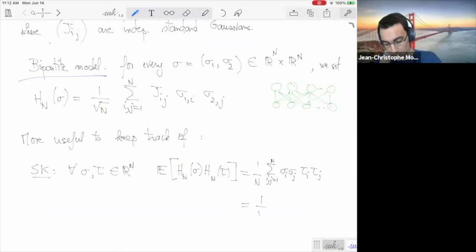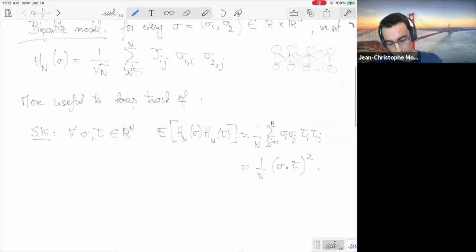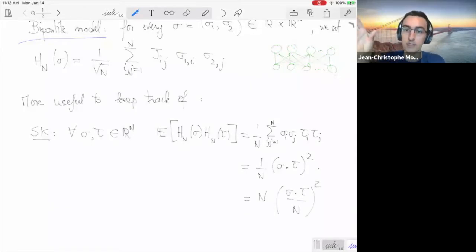So this is 1 over n times sigma dot tau squared. Okay, and it's actually good practice to think of normalizing the scalar product. Typically we think of the coordinates of the sigmas to be of order 1, so the scalar product will be of order n, and so it's perhaps cleaner to think about writing it like this.